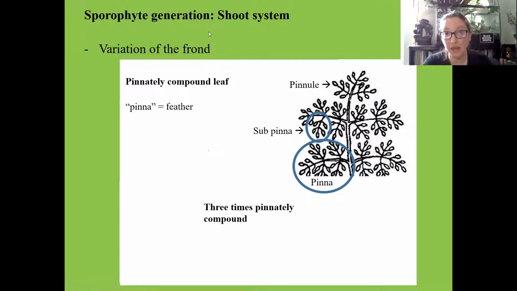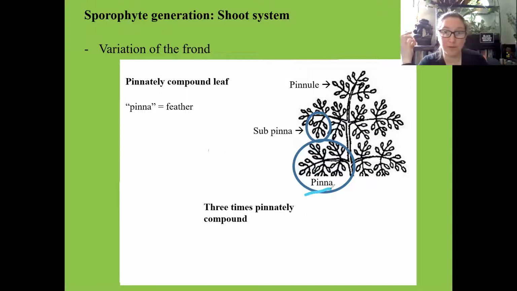And then on this pinna, you have these other little things. Here's 1, here's 1, here's 1, that we're calling a subpinna. But all you need to know is pinnule is the smallest one. Whatever is the smallest thing, all of these here, is always called a pinnule. And the first division is always called the pinna.